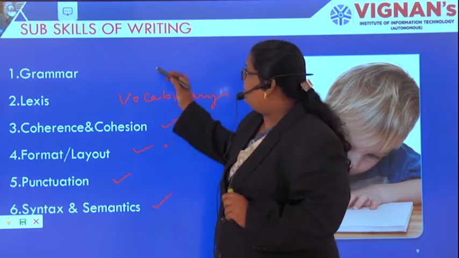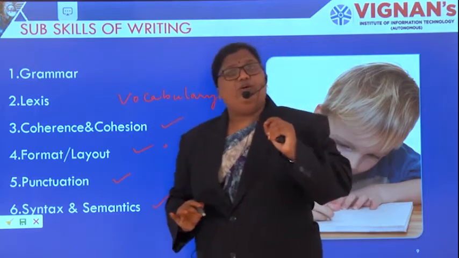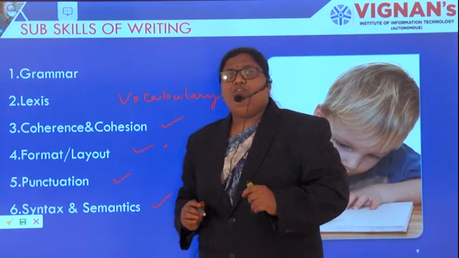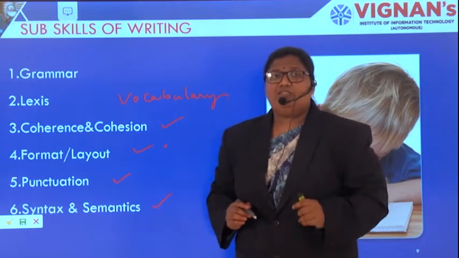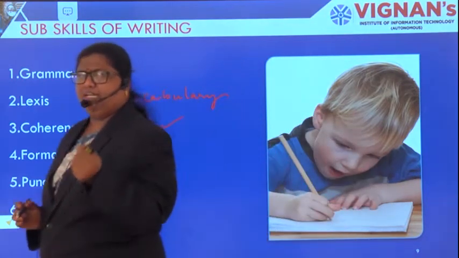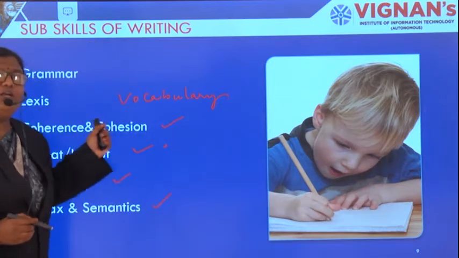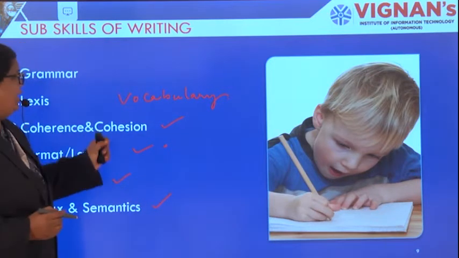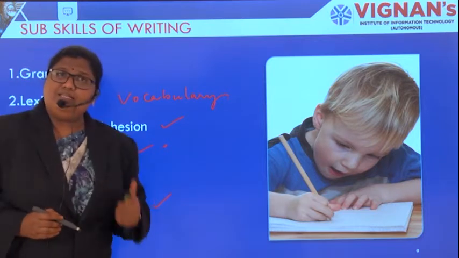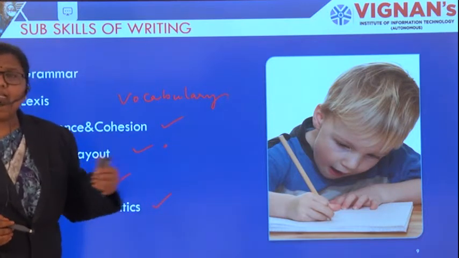So all these are the sub skills of writing. So till now you have seen various skills of English language, especially for any communication. What are the skills that are required to develop? And you have seen the sub skills of listening, speaking, reading and writing.